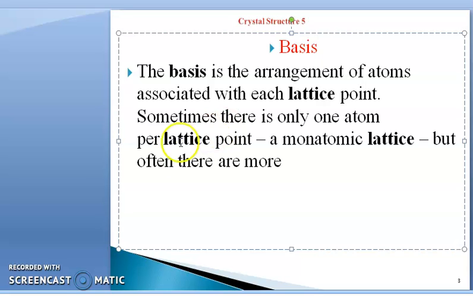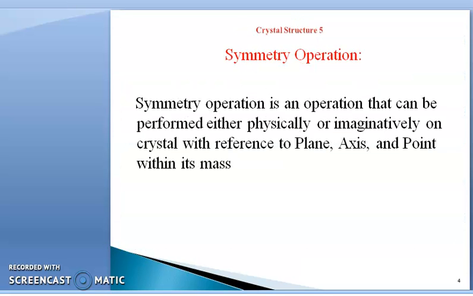Remember, the basis is the arrangement of atoms associated with each lattice point. If there is one and only one atom associated with the lattice point, we say it is a monoatomic lattice. But usually, there are more atoms associated per lattice point. Clear?